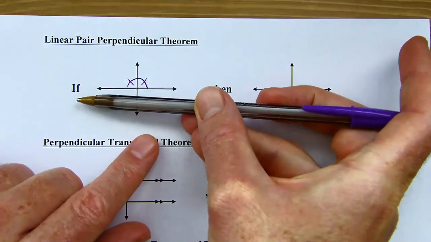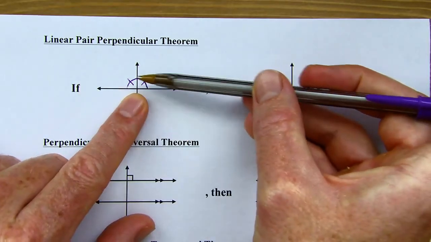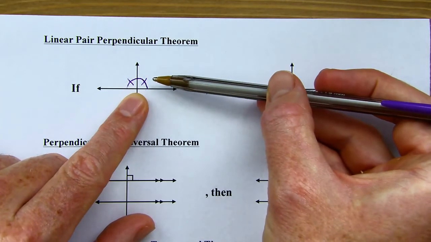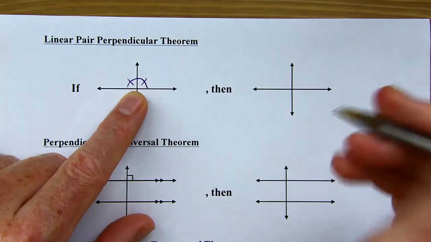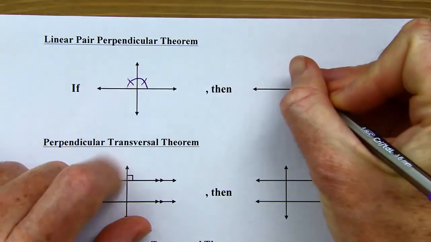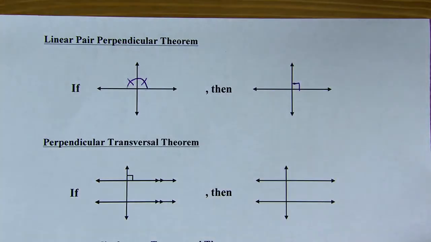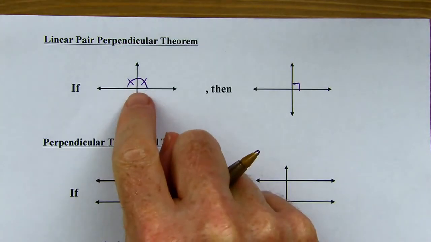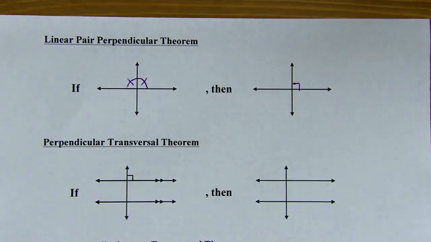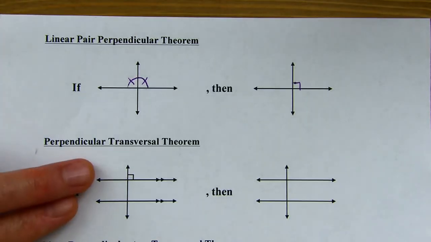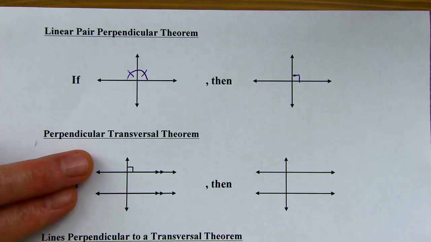Because it's a linear pair. So that means they're going to be split evenly, that 180 degrees. So those would both have to be 90-degree angles, which really means we've got perpendicular lines, right? So if you've got two adjacent angles that are congruent like that, then you end up with perpendicular lines, and that's that theorem, okay? Next up, we've got the perpendicular transversal theorem.